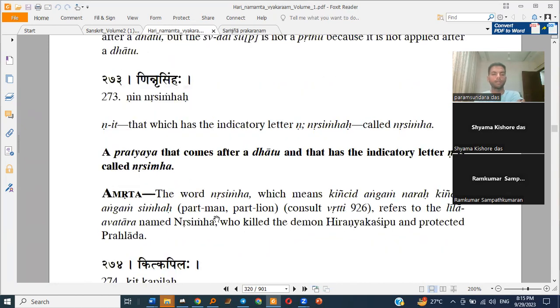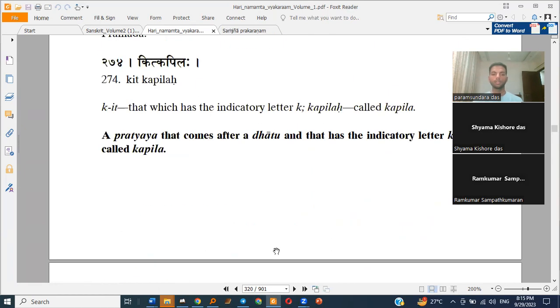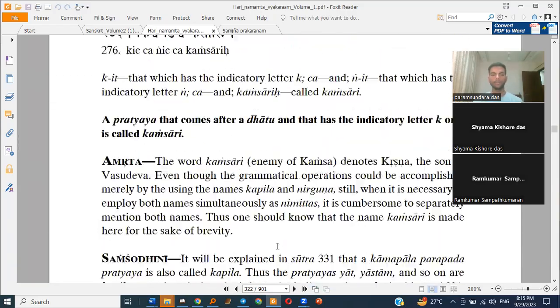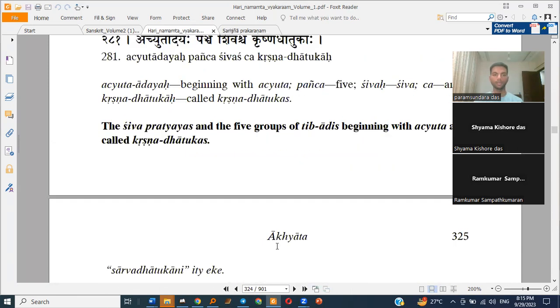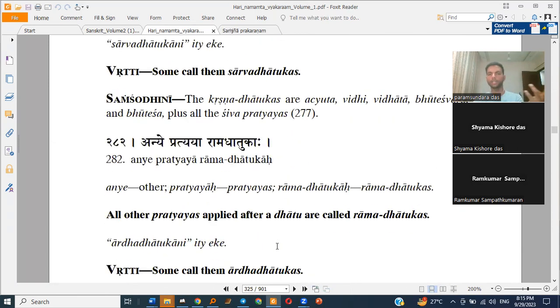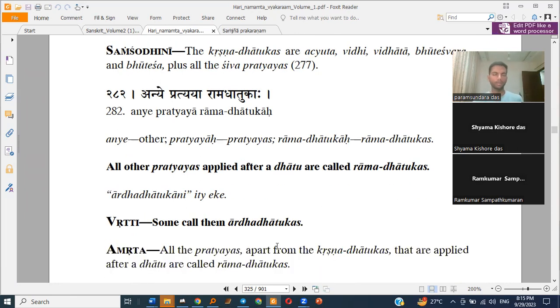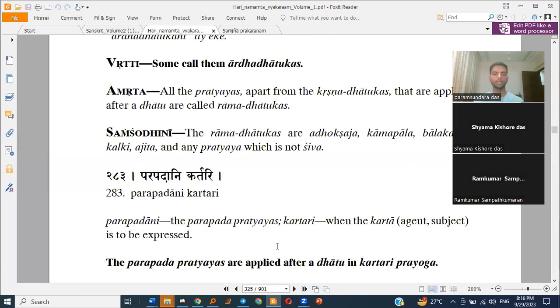So having particular indicative letters in the pratyas, we get a particular Sangha out of these, which were mentioned here. Then Krishna Dhatuka and Ram Dhatuka, two things we also studied. What are the Krishna Dhatuka pratyas, suffixes, and what are the Ram Dhatuka pratyas, suffixes?